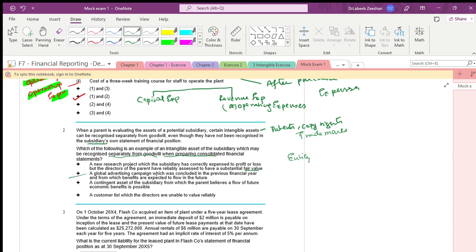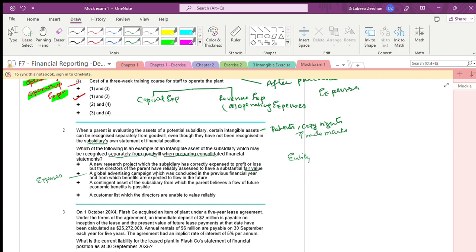It is not an asset. It is an operating expense. Intangible assets should have some value as such. A contingent liability.